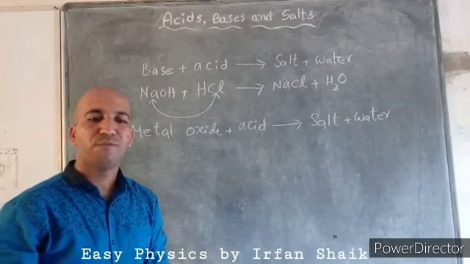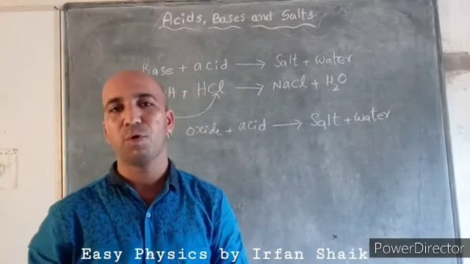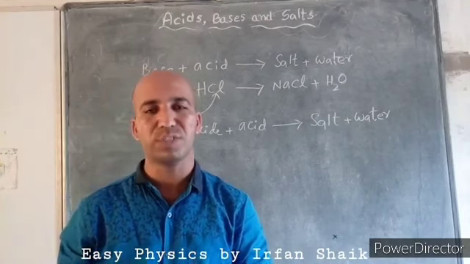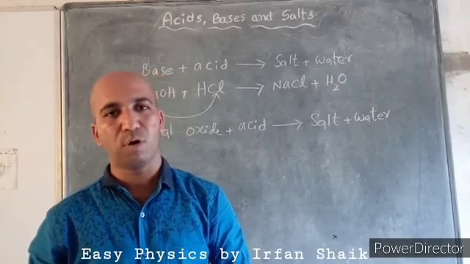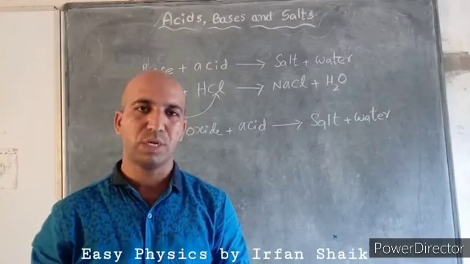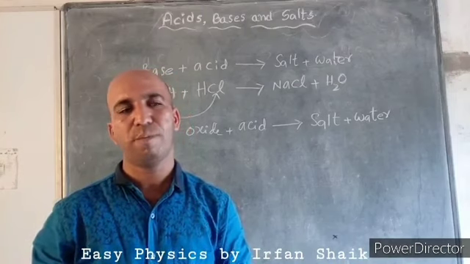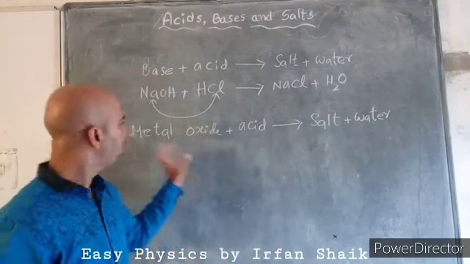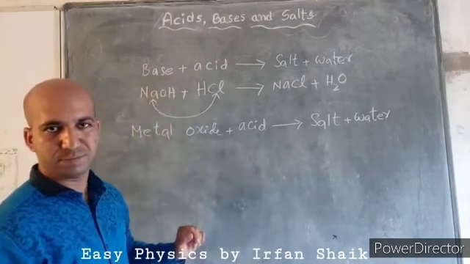Let us take a few examples: magnesium oxide, zinc oxide, iron oxide, aluminium oxide. These are all examples of metallic oxides. All metallic oxides are basic in nature, so we can easily conclude that the nature of metallic oxides is a base.